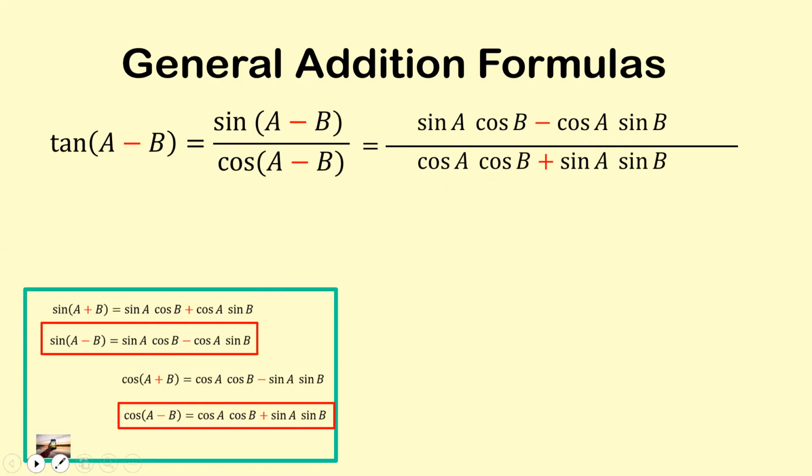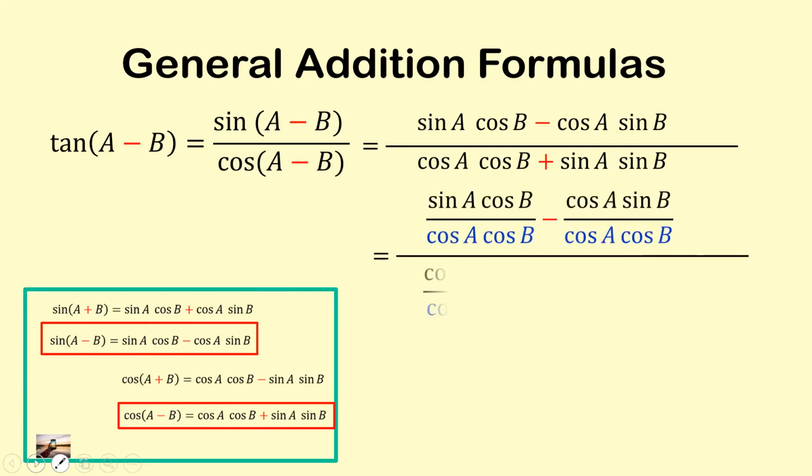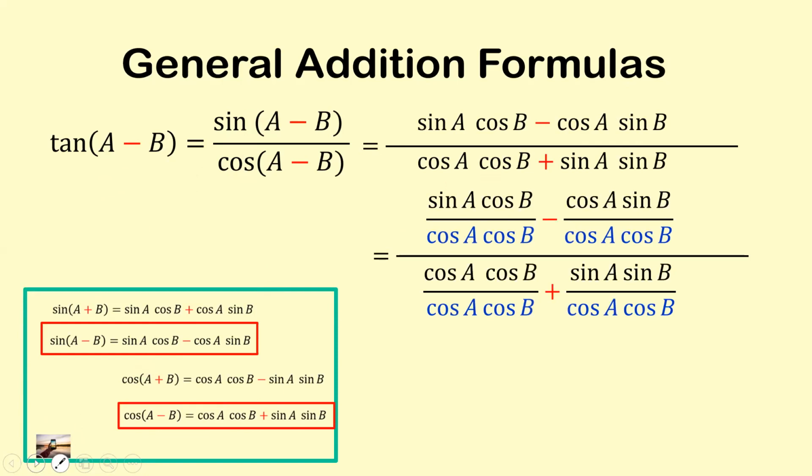Dividing both numerator and denominator by cosine A, cosine B. This time, ang magka-cancel naman dito, si cosine B. Tapos, sa second set, we cancel the cosine A. Tapos for the denominator, we can get rid of cosine A and cosine B. Canceling both of them means the entire thing will just be equal to 1.